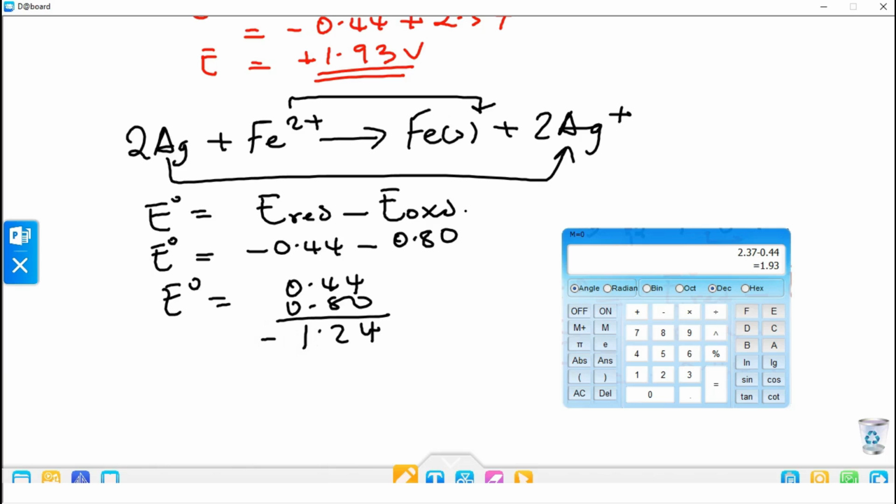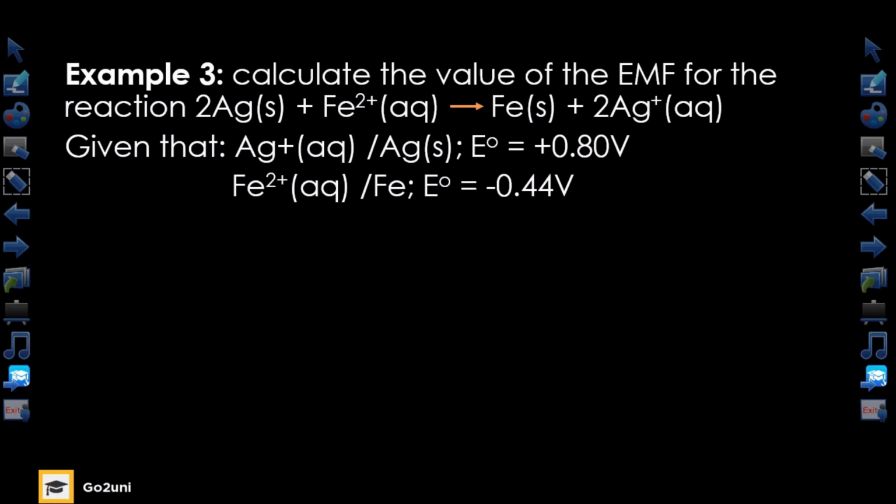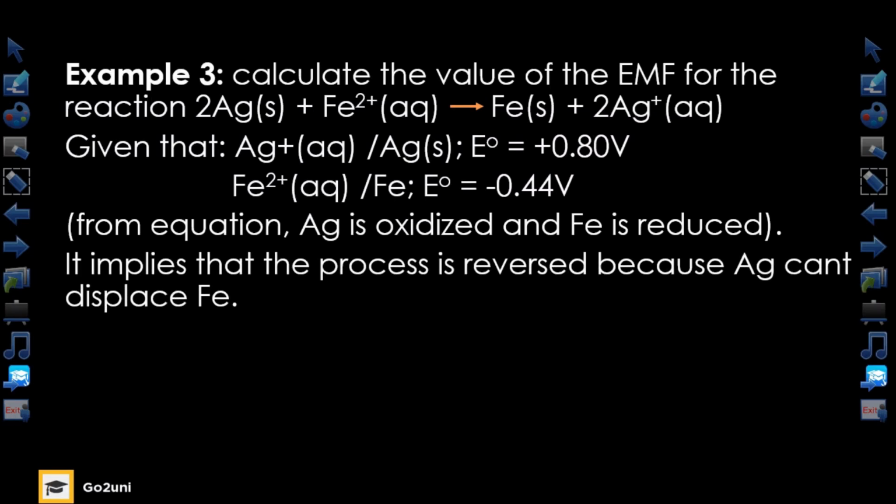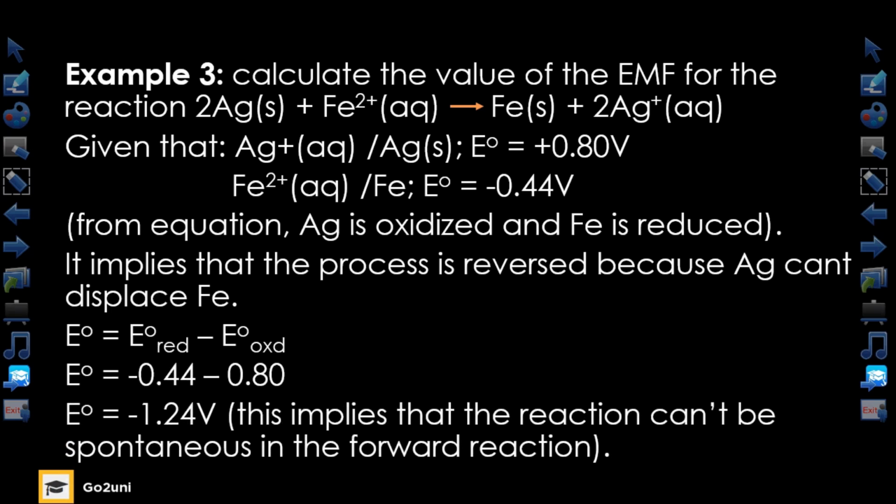So our E naught is going to give us a negative value, minus 1.24 volts. Since it's giving us a negative value, it simply tells us that the reaction is not going to be spontaneous.